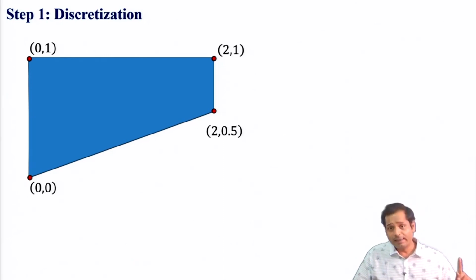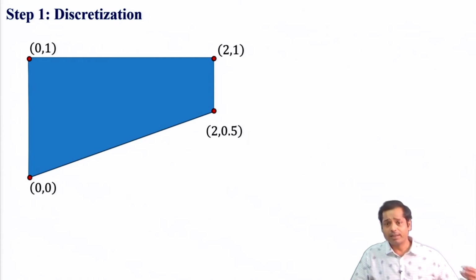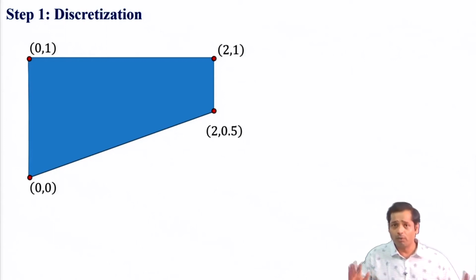So in the second lecture, when we tried to get a solution with triangular element, the total number of nodes, the global nodes, were 4. We had 2 elements, but the number of nodes were 4. So here also we want to keep the number of nodes 4, right? So that the comparison will be relatively fair.